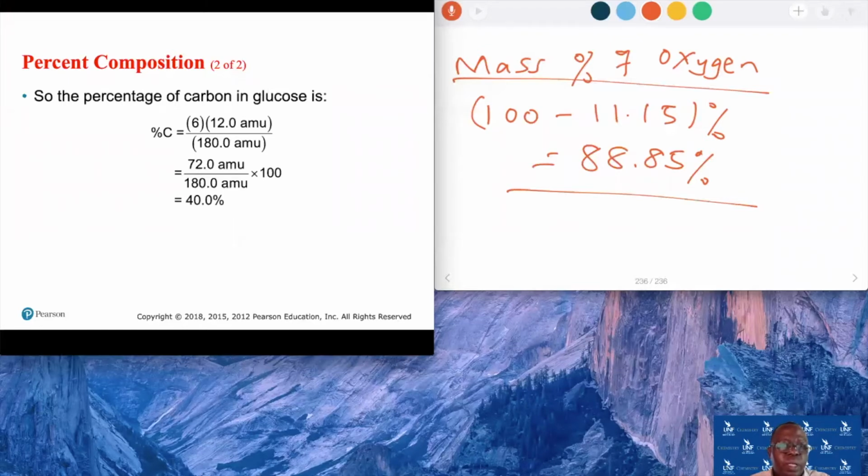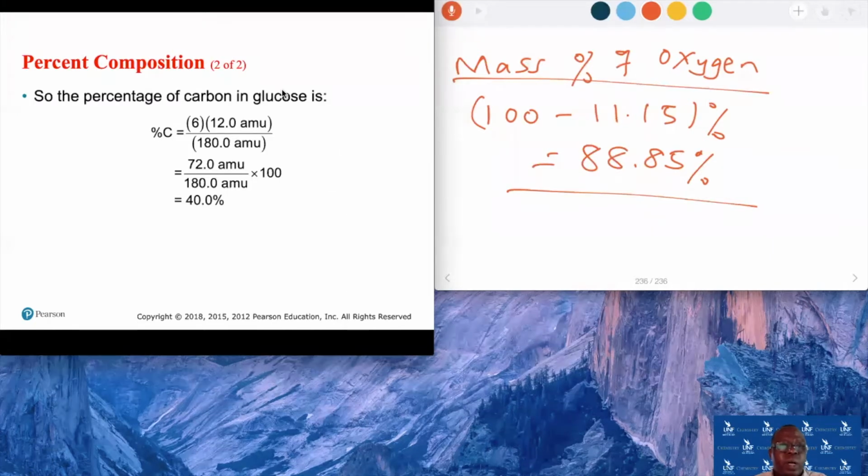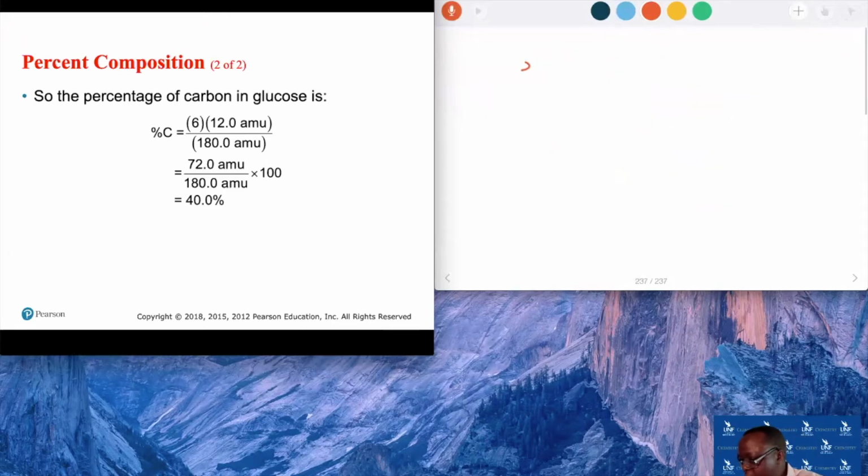Glucose: it is just assumed that you know the formula for glucose. You will be given that, and in glucose we have carbon, oxygen, and hydrogen. This means there are 6 carbons.